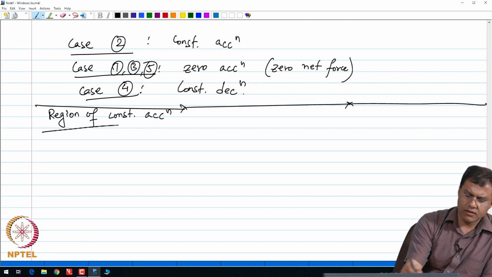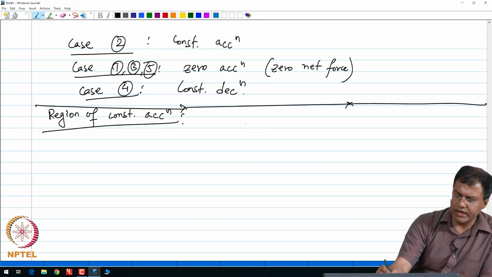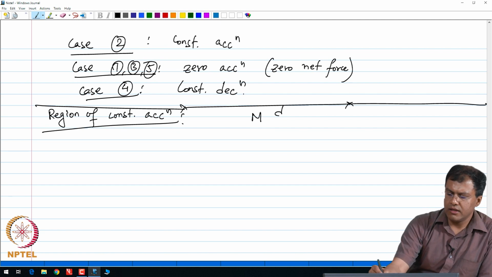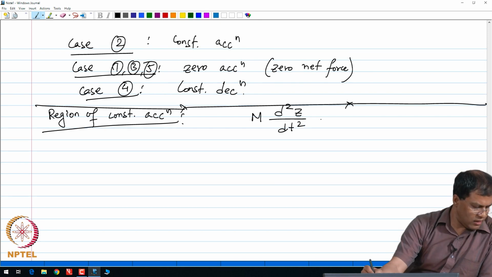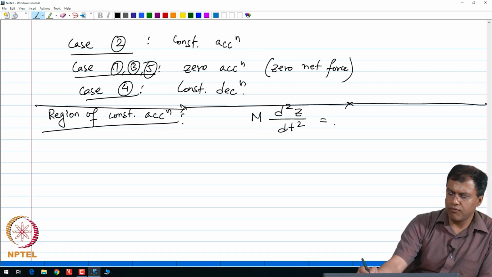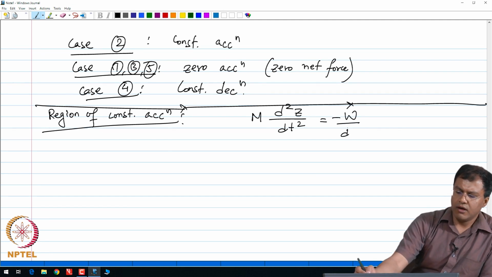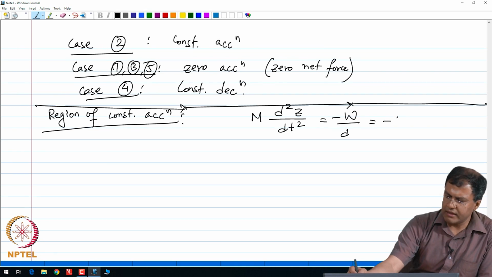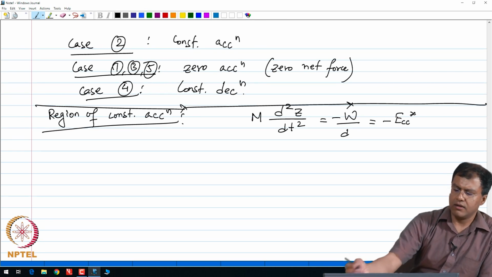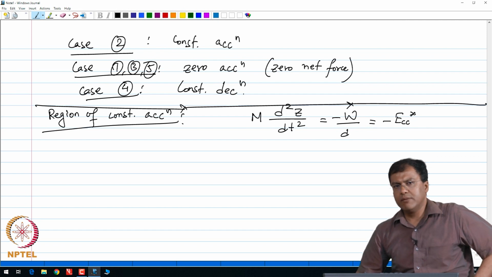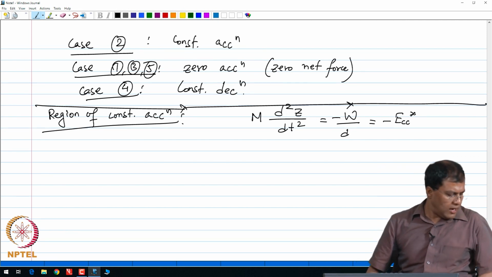In this case we set up our Newtonian equation via Newton's second law: m times d2z dt2 is equal to the force, which is the negative of the work done by d, going to be minus ECC star. So, this is for region number 2.